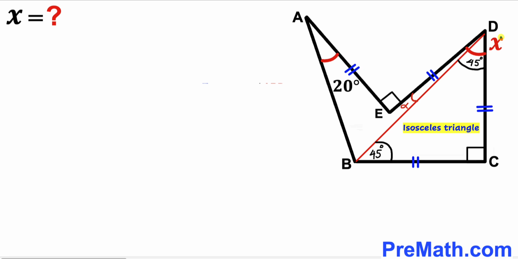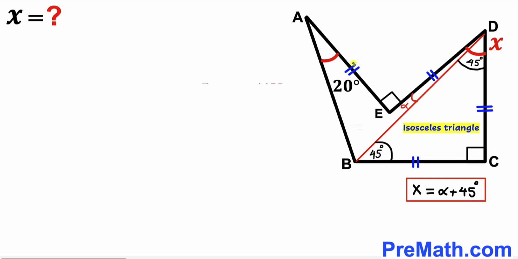Then we can see that this angle X is going to be equal to this tiny angle alpha plus 45 degrees. So therefore we can write angle X is equal to angle alpha plus 45 degrees. And now our task is to calculate this tiny angle alpha.